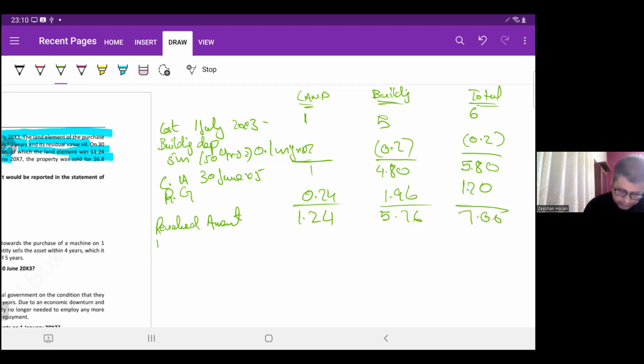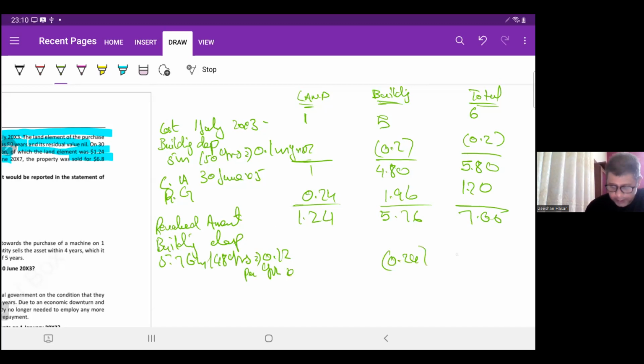Now building depreciation is 5.76 divided by 48 years, which is 0.12 per year, multiplied by 2 is 0.24.